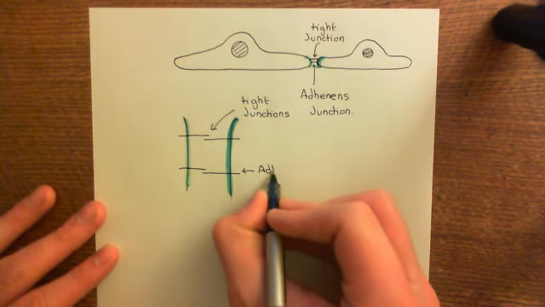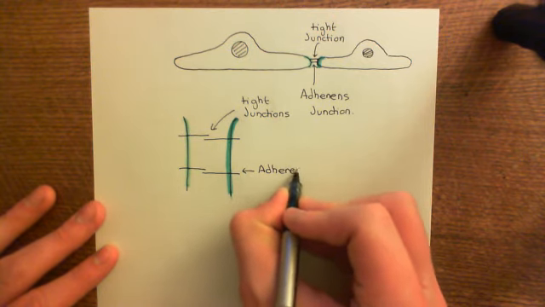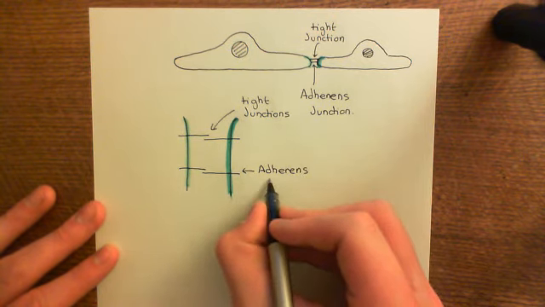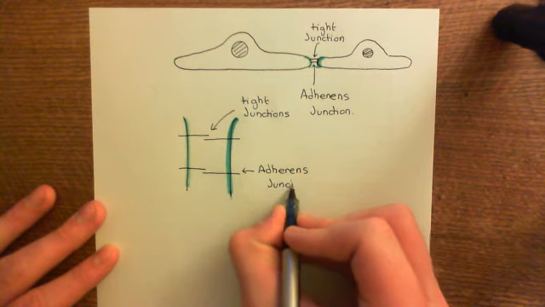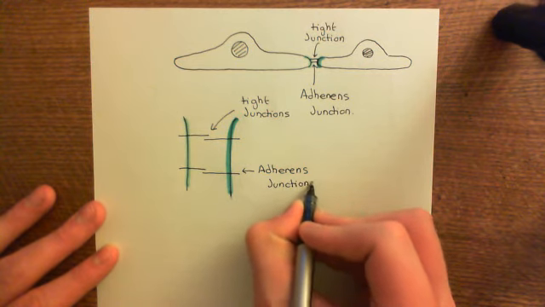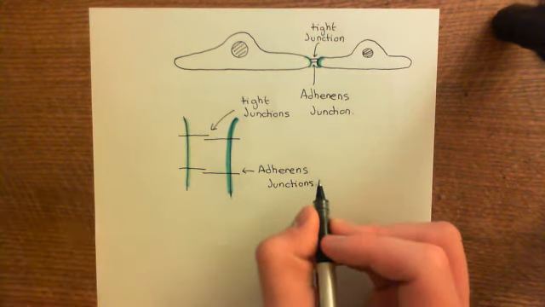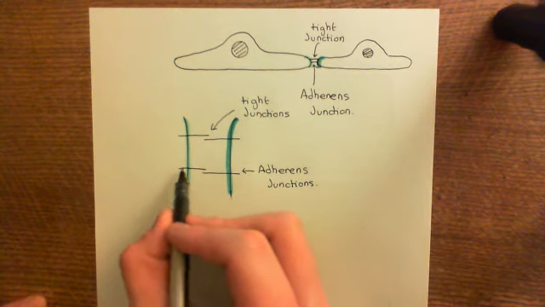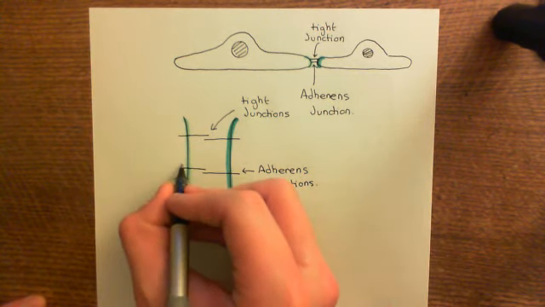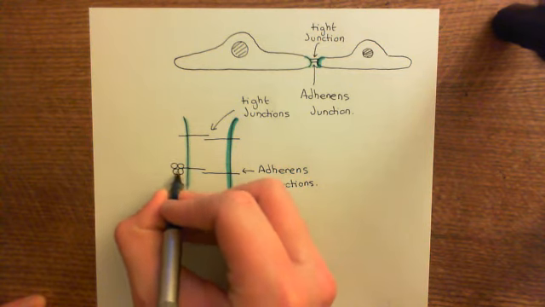So here's our adherens junction. In both of these endothelial cells, the proteins involved in these tight junctions and adherens junctions will have cytoplasmic domains, and the cytoplasmic domains are attached to actin filaments.